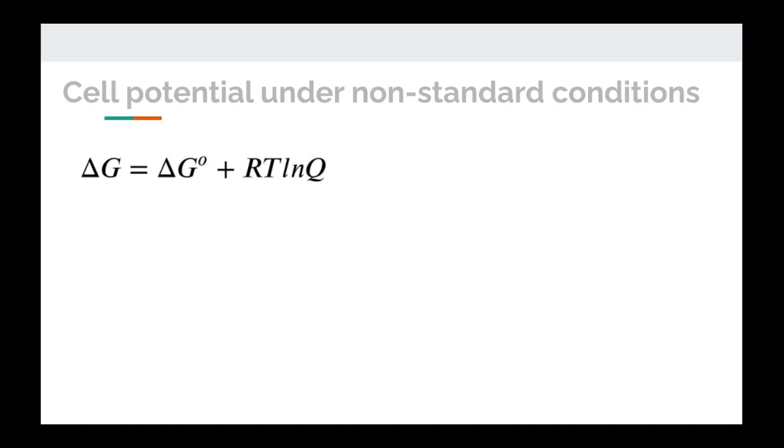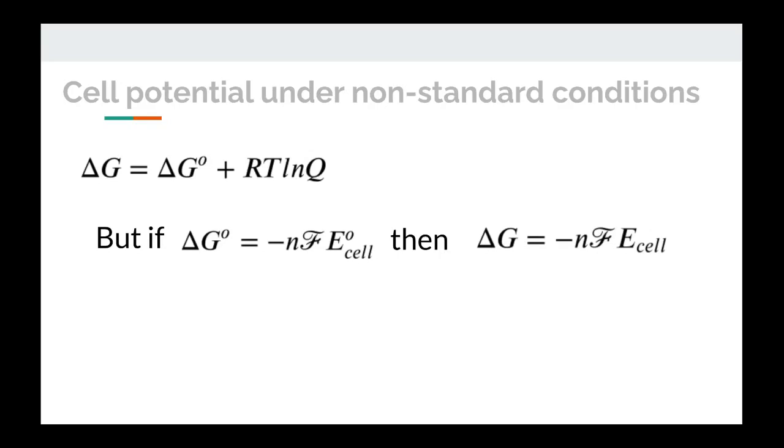Now let's think about what if we're not at standard conditions. So we know from our study of thermodynamics and equilibrium that delta G is equal to delta G naught plus RT times natural log of Q. We have this equation from previous studies. And we know that delta G naught is equal to minus n times Faraday's constant times E naught cell. So just delta G would just be negative n times Faraday's constant times E cell, but not with the standard symbol on it.